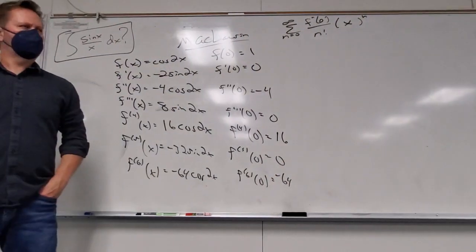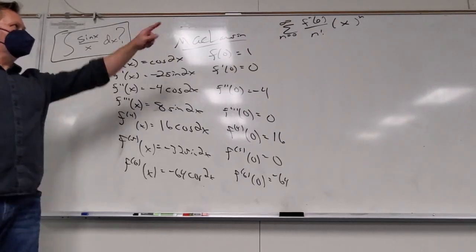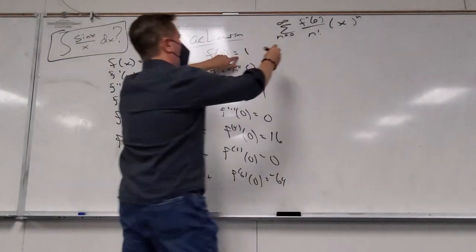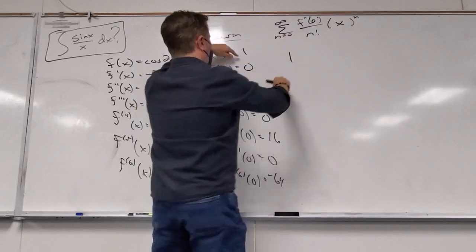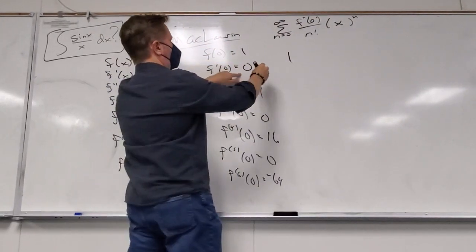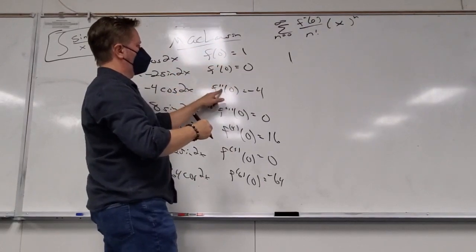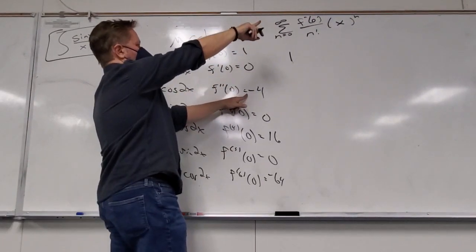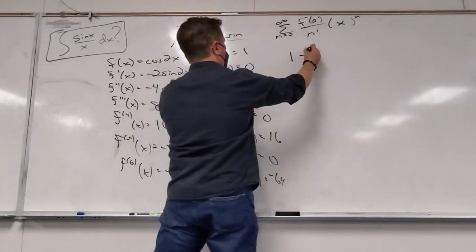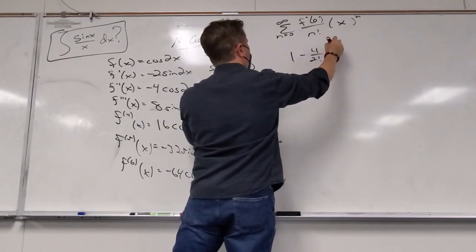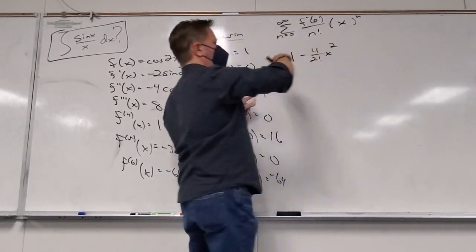It's the Maclaurin series. So the 0th derivative is 1. And then you get a 0. So 0, 1, 2. When n is 2, what do I get? I get minus 4 over 2 factorial times x squared.